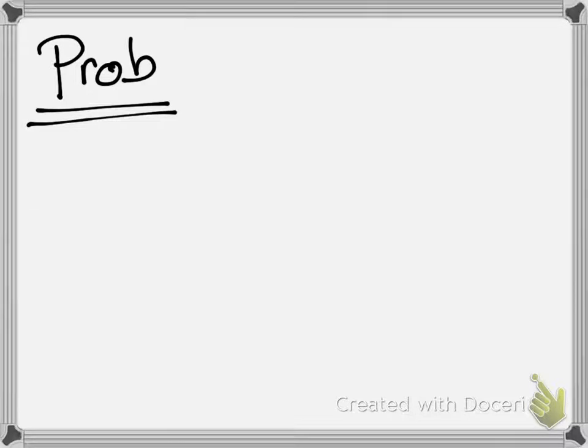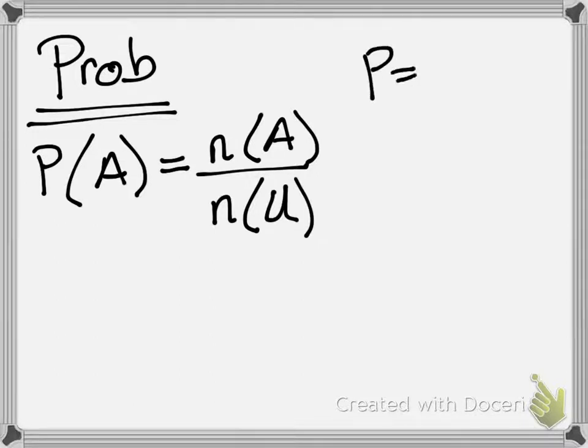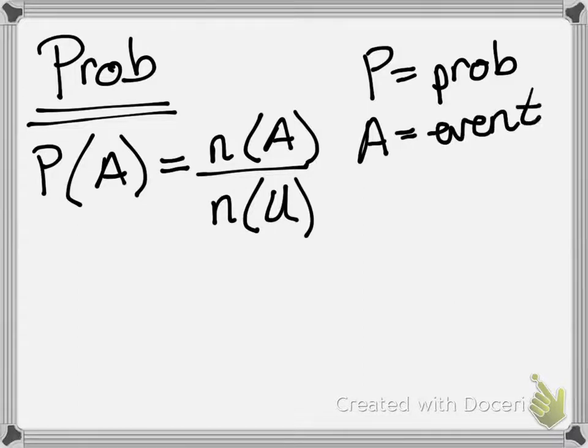Now, to find probability, we got to talk about some notation. So, the capital P stands for the probability. The capital A is just an event. And we can put a word there.